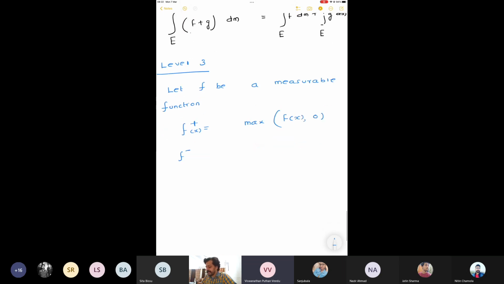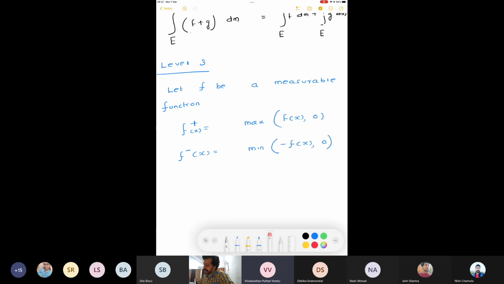And we define the negative part of f by taking the maximum of minus f(x) and 0. I am always getting confused there. Minimum, right? Maximum. I want it to be non-negative again. Please keep in mind.